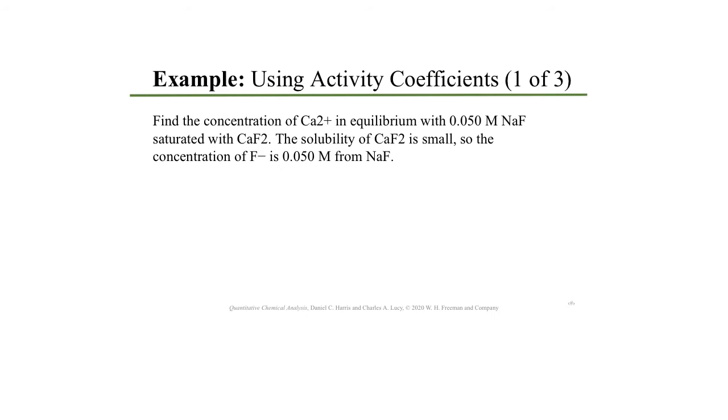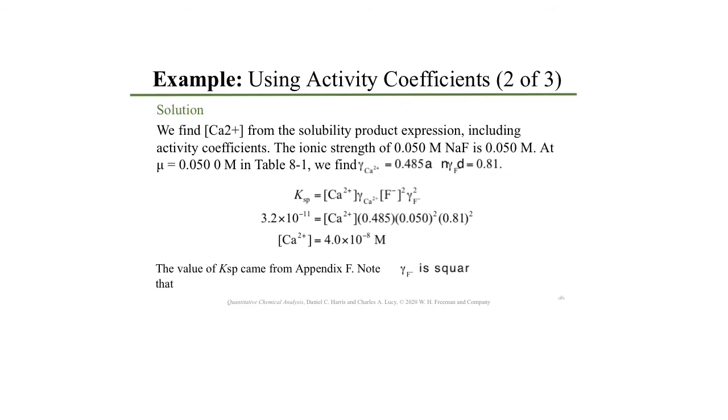So let's look at an example where we can use activity coefficients, and we can find the actual concentration of, in this case, calcium in a solution that has 0.050 molar NaF, and we'll try to figure out what's there. So in using this table, we find the ionic strength.